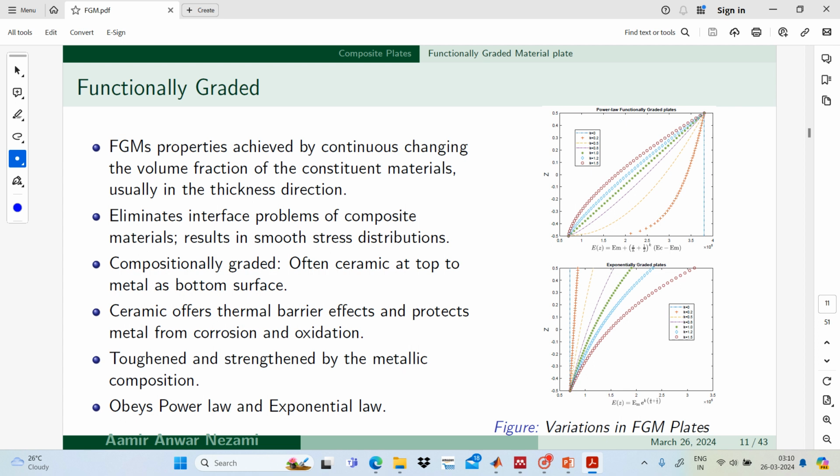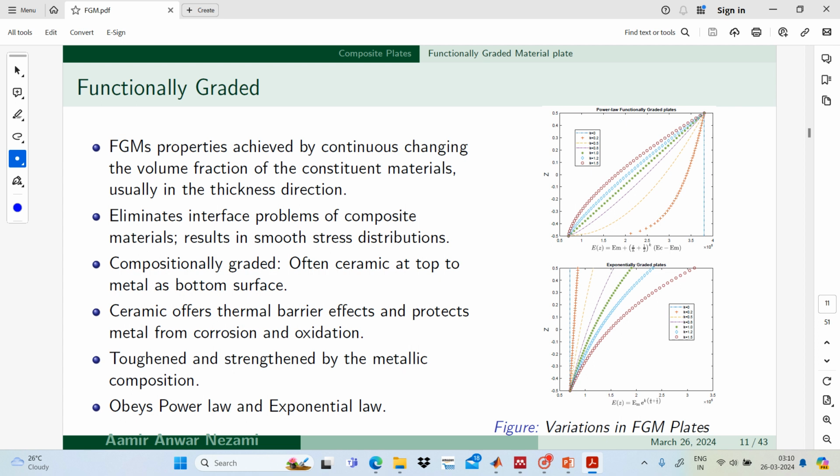Okay, so the metal is very highly deformed. We know that it gets deformed, or it gets buckled, at very low temperature, but ceramic has the advantage that it can take very high load and it would not buckle. Okay, so the composition of both becomes a very nice function.